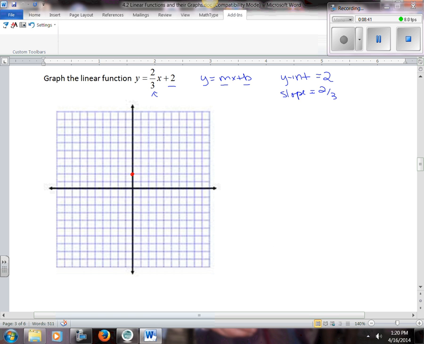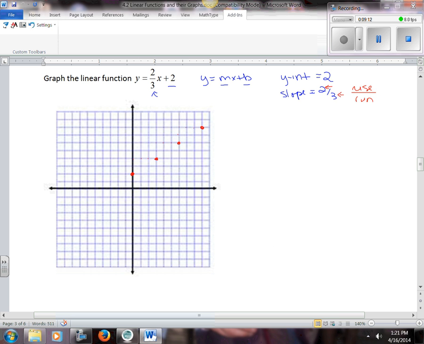I apologize. Okay, so from that y-intercept, we're going to use our slope to get another point. So again, it's rise over run. So we're rising 2 and we're running 3. Since they're both positive, we're going to go up and right. So up 2 and over 3. Up 2, over 3.